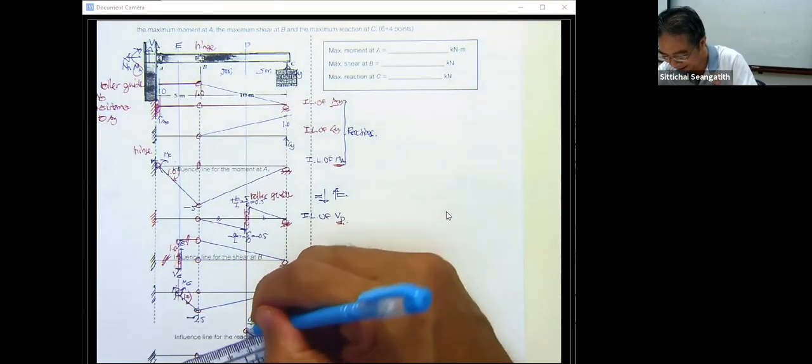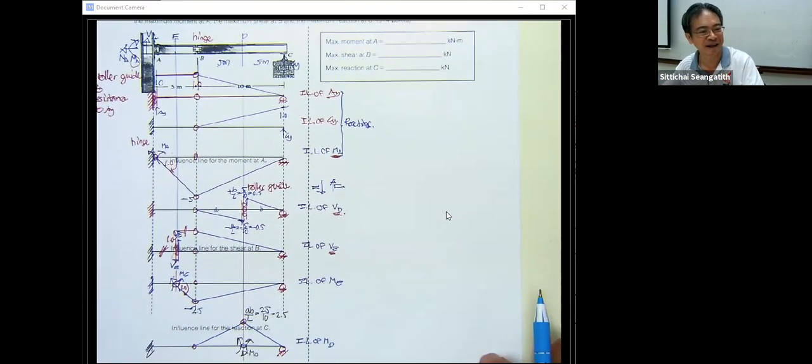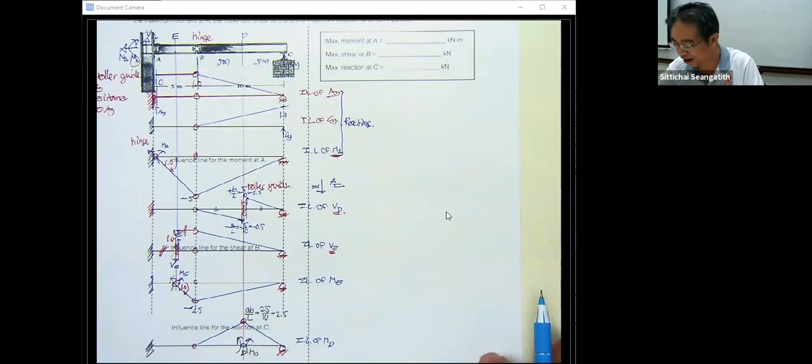Okay. You have a lot of things to draw: the reaction, the shear, and the moment.